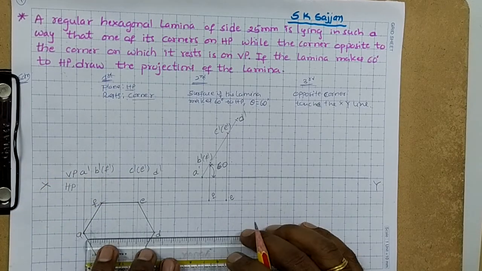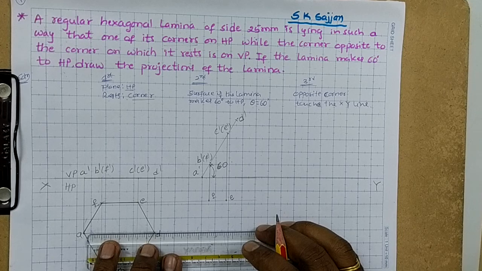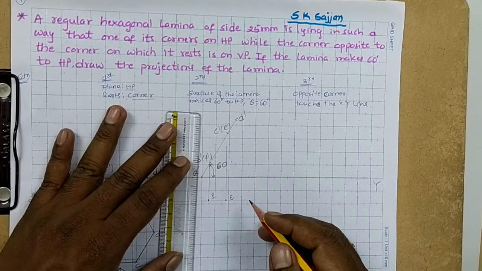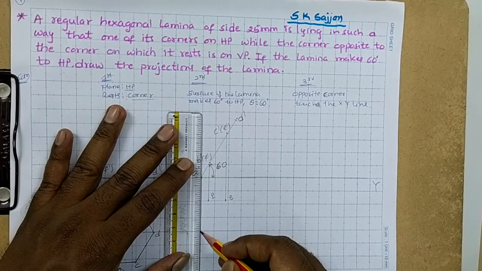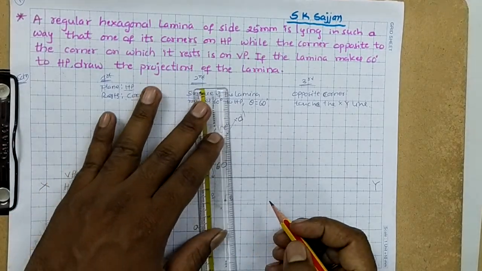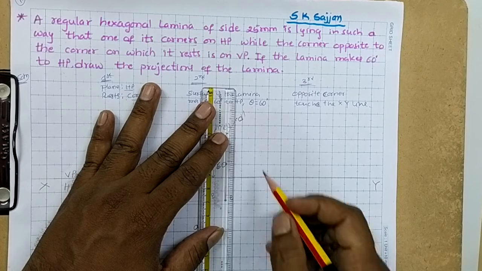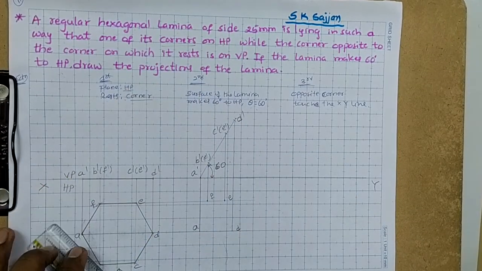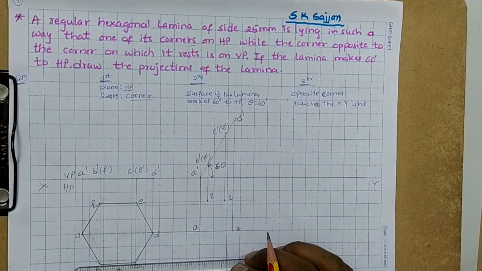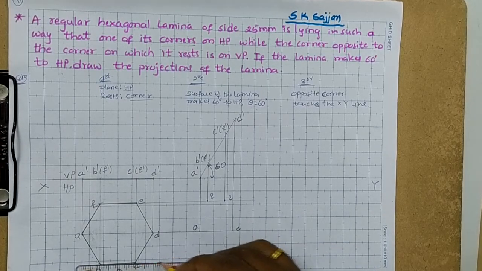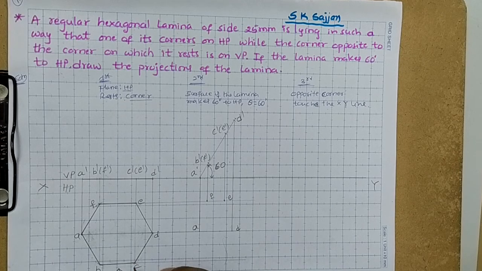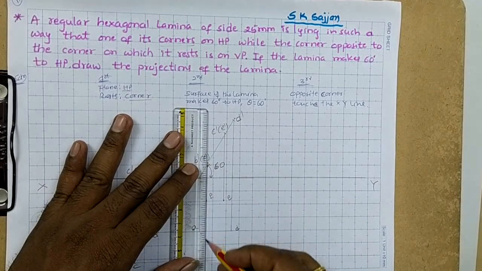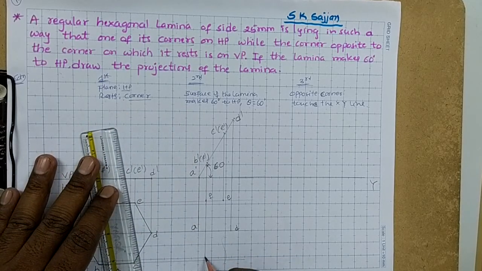Next, draw the horizontal line from this top view. A and D, two points are there. Here is the vertical line for A, this point is A, and the vertical line for D, and this point is D. Then draw the horizontal line from the previous top view, and on this horizontal line the two points are B and C. Draw a vertical line from B, this point is B, up to here.